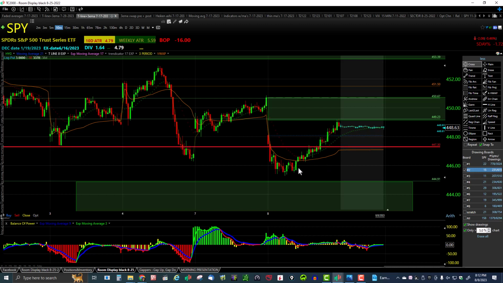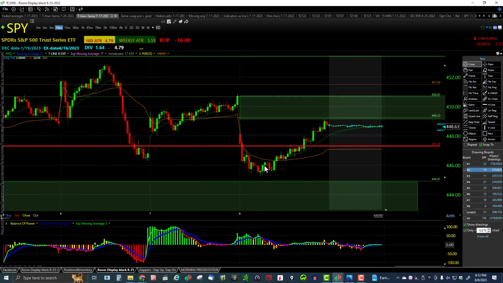Now, if the cross happens to take place under VWAP, then I wait for a clean candle that's over VWAP, something that is not attached by the wick or the shadow or the tail. I'm looking for that cross that happened under VWAP, but I'm looking for a candle that's cleanly over VWAP and not attached to VWAP by anything.